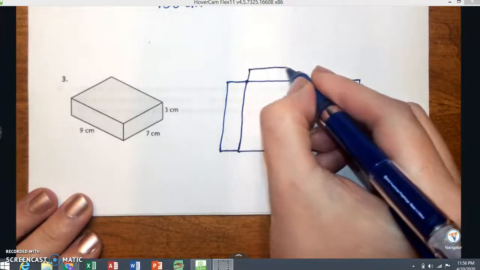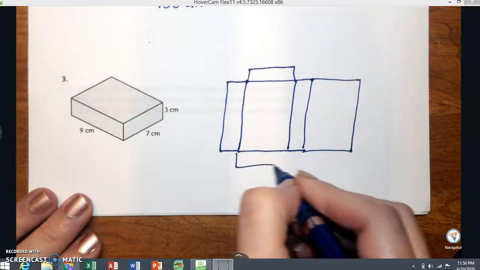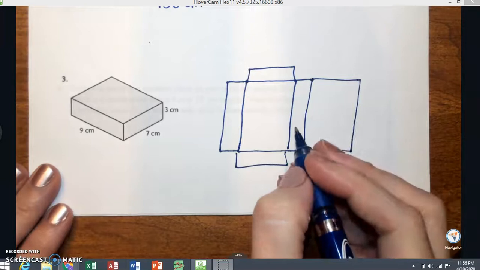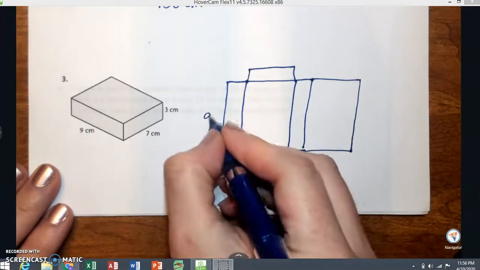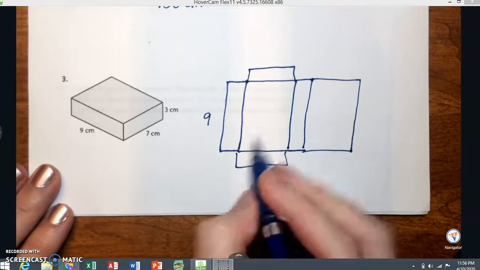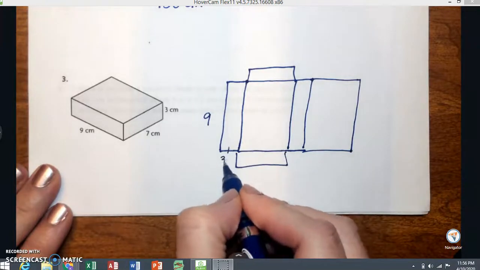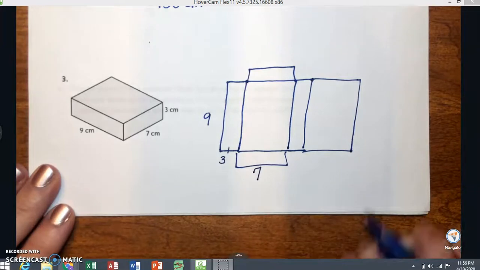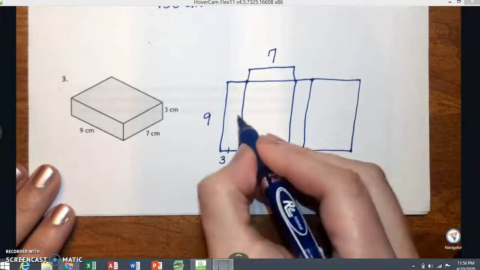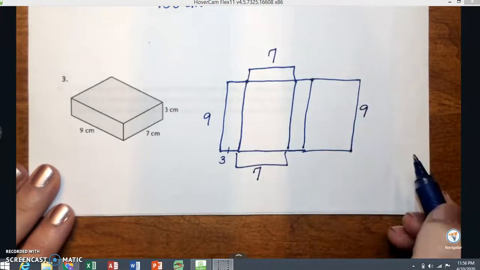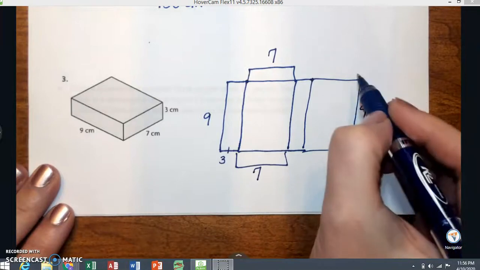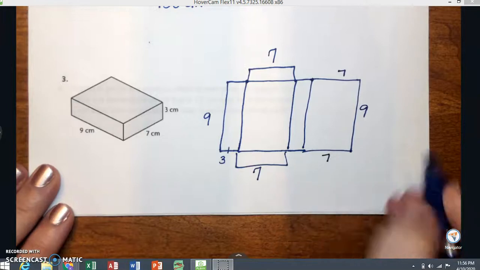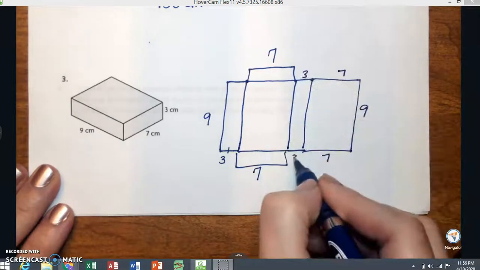Gonna draw them right here. Alright, so here's my 9 centimeters. This right here is 3. And this is 7. This means this is 7. All the way across, those are all 9s. This would be 7. And these would be 3.